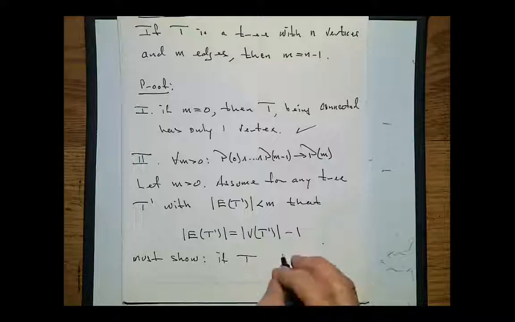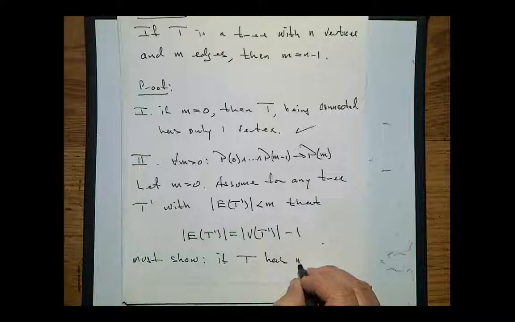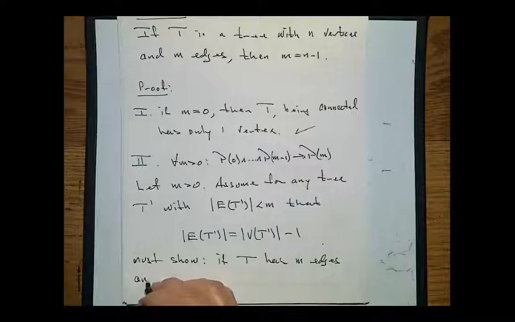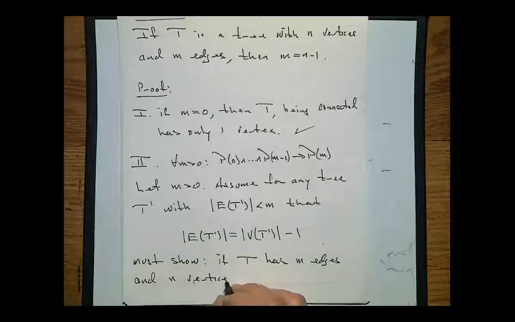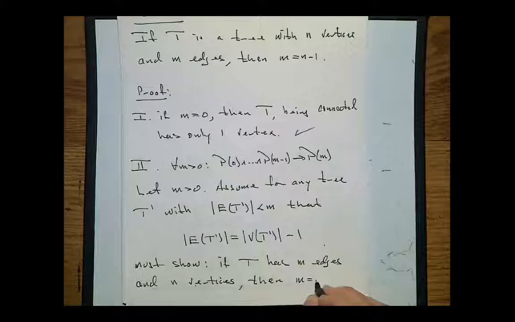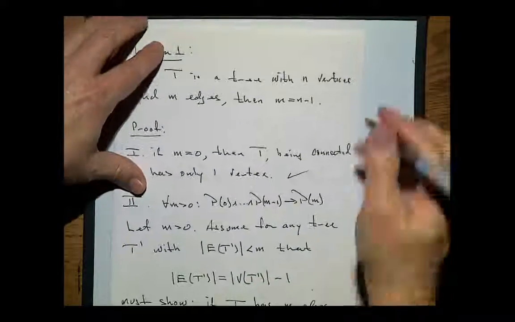I must show if T has m edges and n vertices, then m equals n minus 1. Okay, that's what we need to prove.